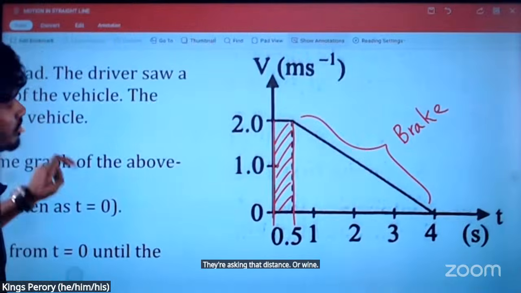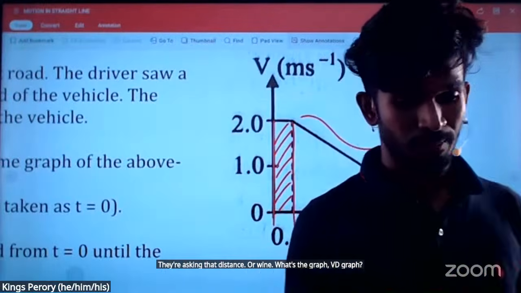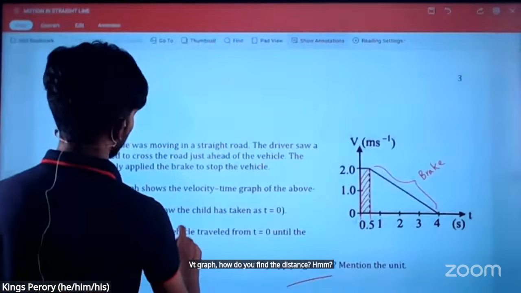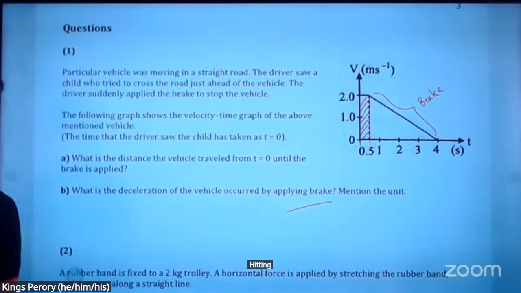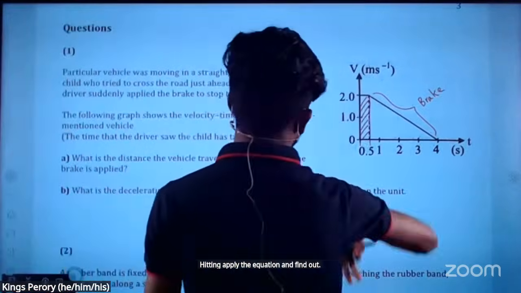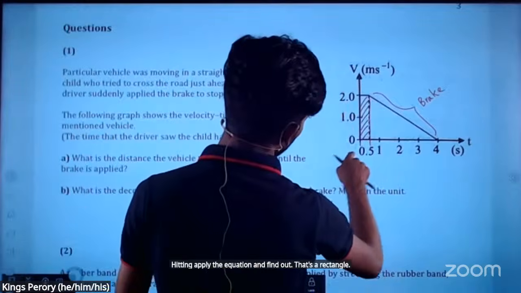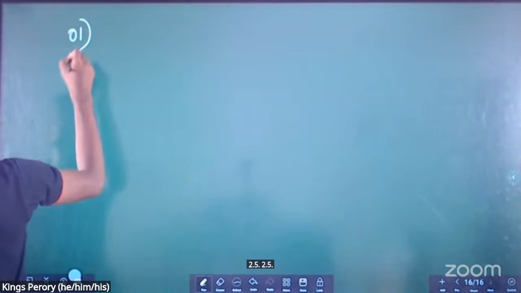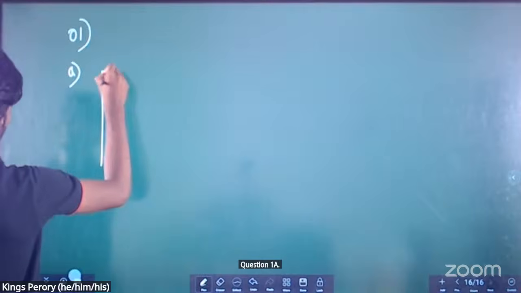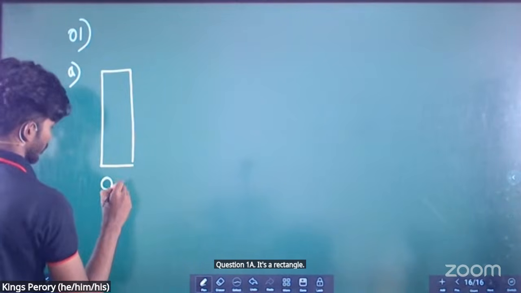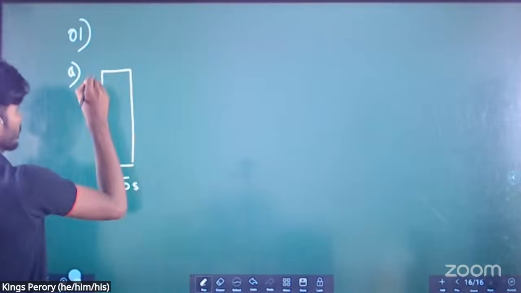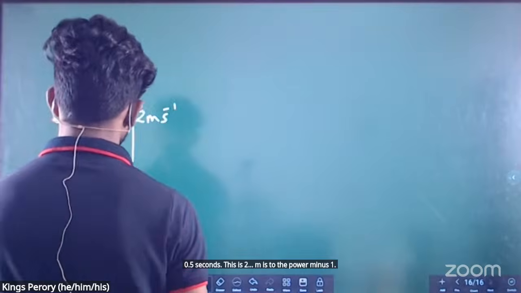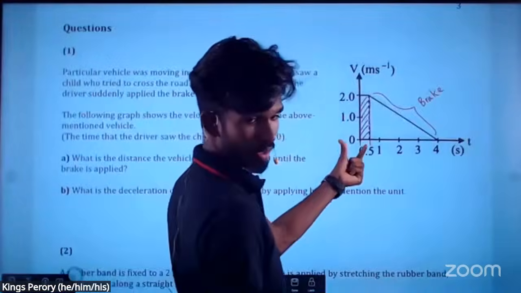What's the graph? A v-t graph. How do you find the distance from a v-t graph? Area under the graph. Don't just think and apply an equation. That's a rectangle. The velocity is 2 m/s and the time is 0.5 seconds.